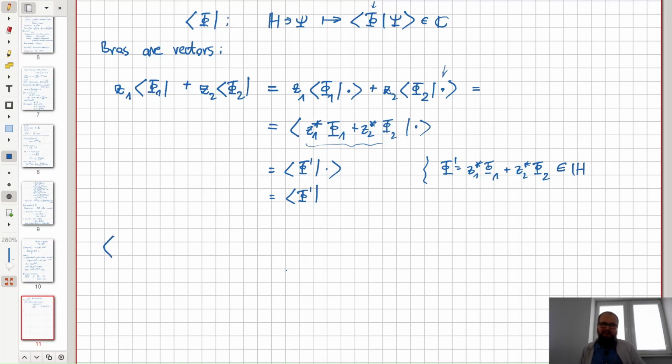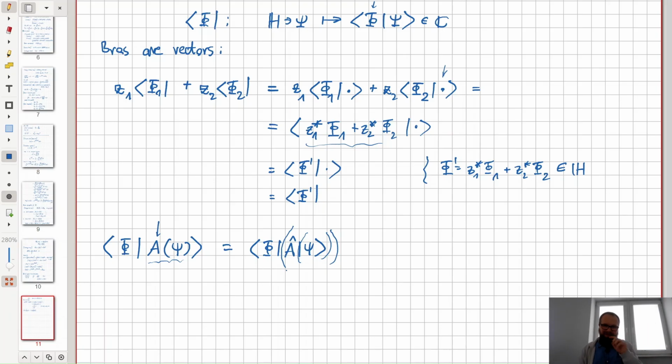If you have the inner product between phi and the psi on which you act with some linear operator A, I was writing it like this, right? This is the power of bracket notation, because you think of it as, okay, A acts on psi, and then the bra acts on the thing here. It's just another multiplication.